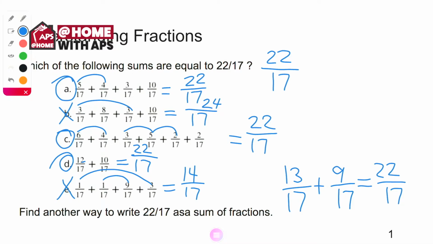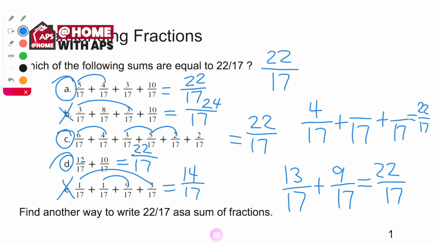All right, we'll try 3 numbers. So I have 17ths plus 17ths plus something 17ths has to equal 22 17ths. What number should I start with? 4. Good suggestion. Can someone give me another number that's not above 18?